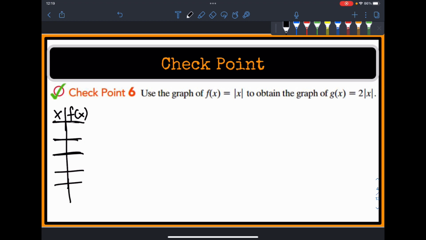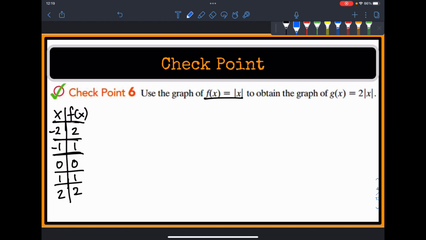So let's plug in -2, -1, 0, 1, and 2. The absolute value of -2 is +2, then +1, 0, 1, and 2. So those are the output values for f of x. If I input the respective numbers, this is what I get out.